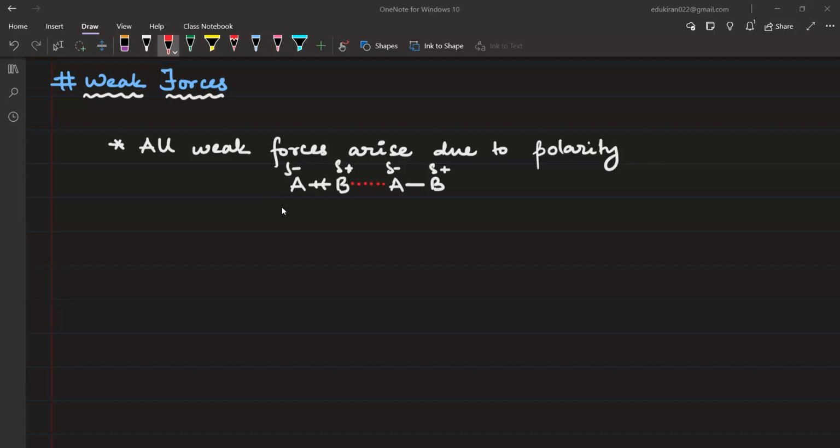Because of them, there is some attraction between two atoms of different molecules which are not bonded together. In those cases, we say that these are the weak forces. And all the weak forces arise only because of this kind of polarity.